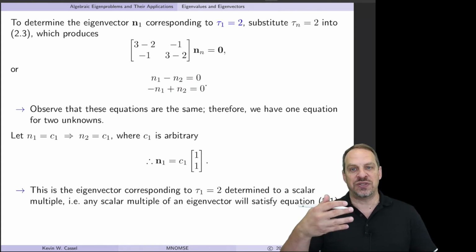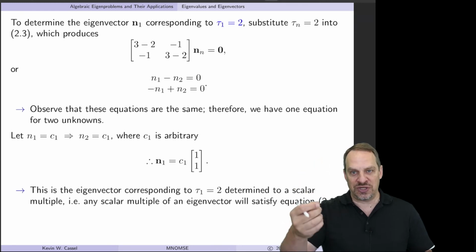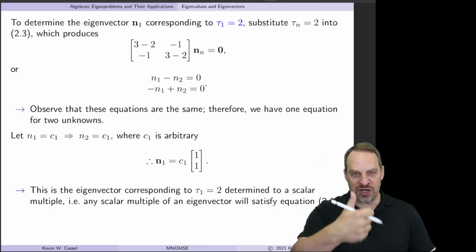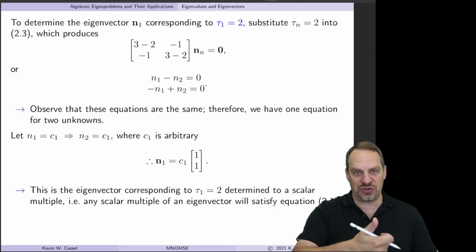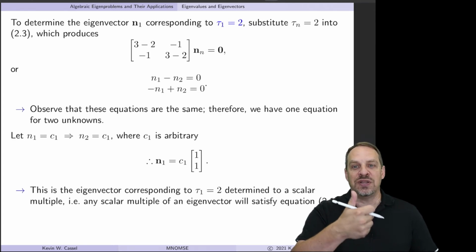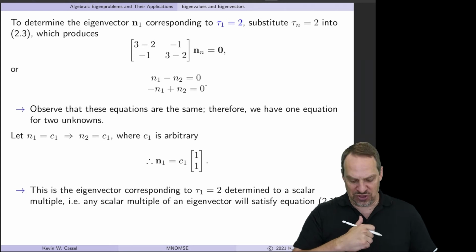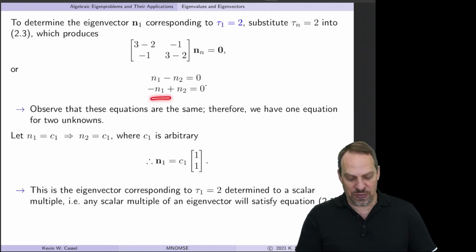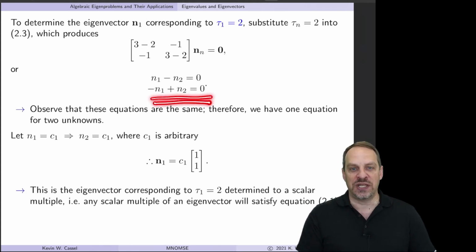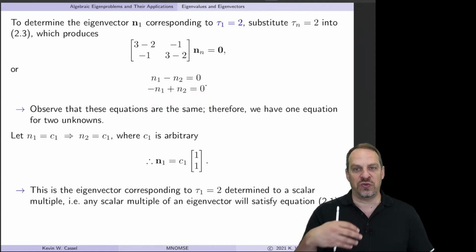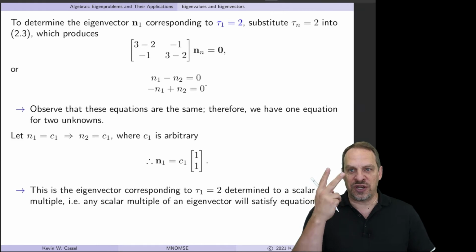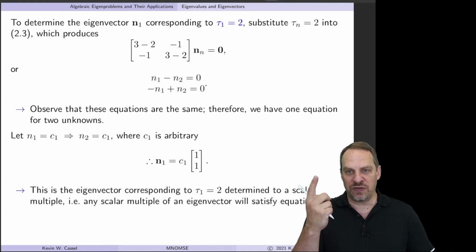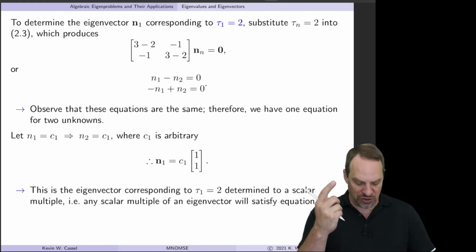We will always lose at least one equation. Again, because this is a homogeneous system, for it to have a non-trivial solution, the determinant has to be equal to 0 such that the coefficient matrix is singular. That's the only way we can get a non-trivial solution. So we will, therefore, have to lose at least one equation. You're always looking for those equations that are being lost. So again, one equation now for two unknowns. That means that one of our variables is completely arbitrary.